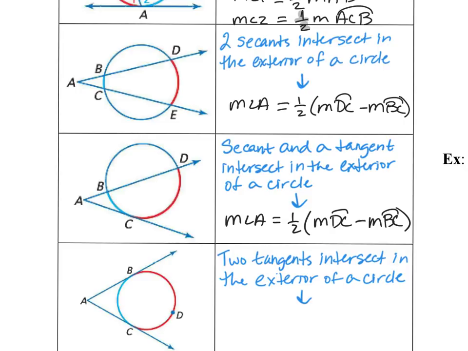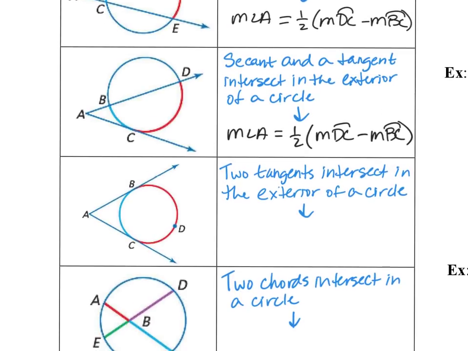All right, and then in this third theorem, same idea, except this time we have 2 tangents. So we have 2 tangents that intersect in the exterior of a circle. So to find the measure of angle A, we will look at the 2 arcs that are cut off by these 2 tangents. One of them is this red arc. It's a major arc BDC. The other arc is BC.